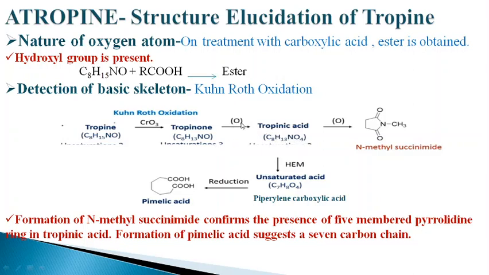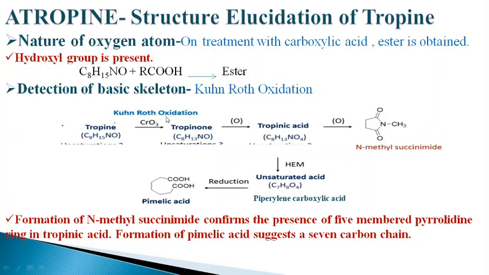This degradative oxidation has taken place, opening the ring and converting it into a dicarboxylic acid, COOH and COOH. On further oxidation, this tropinic acid forms a compound of known structure, N-methylsuccinimide.